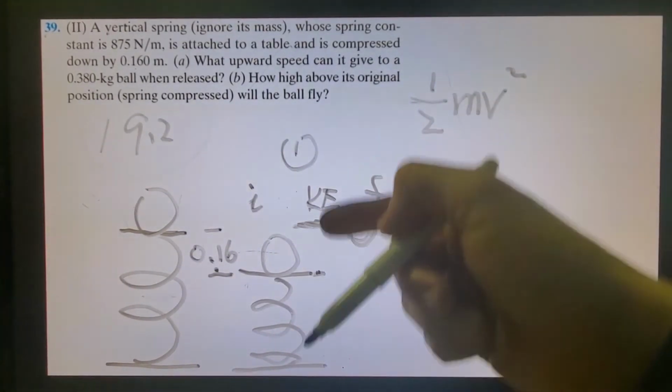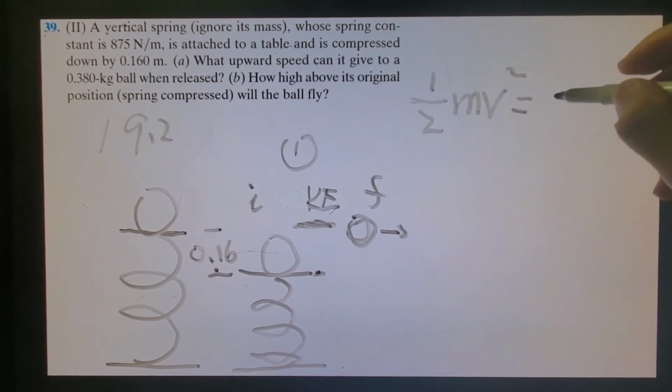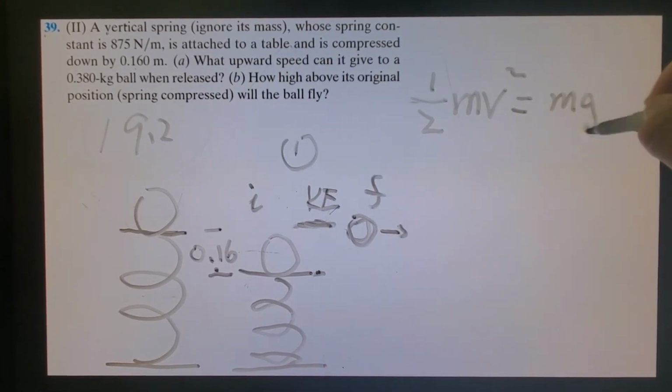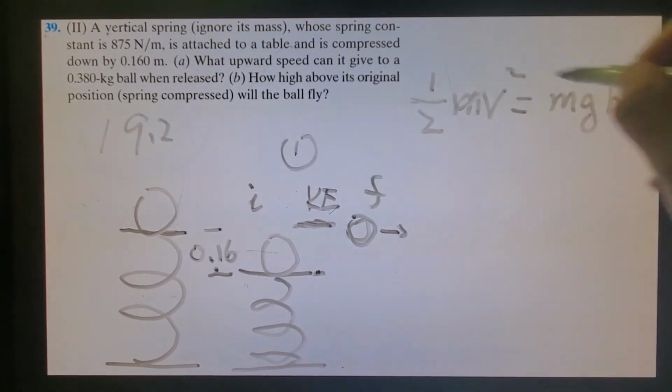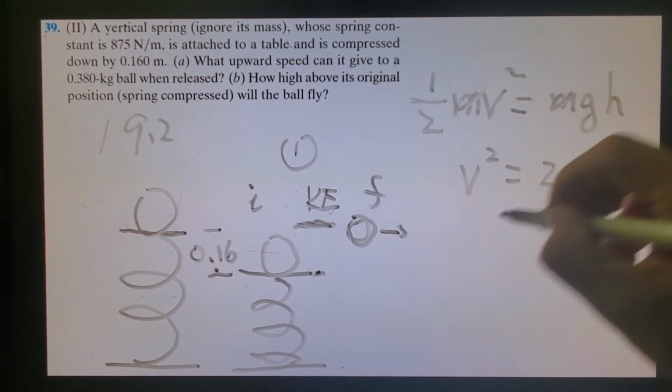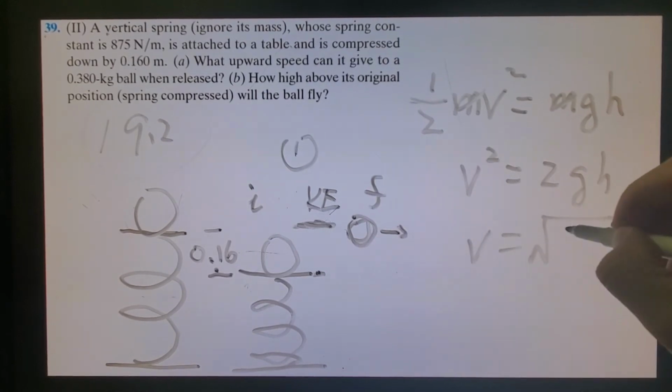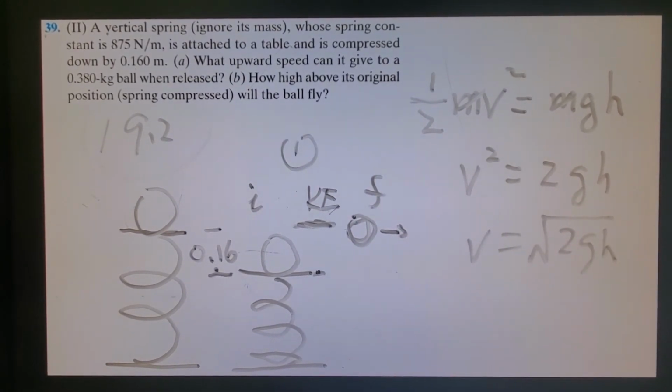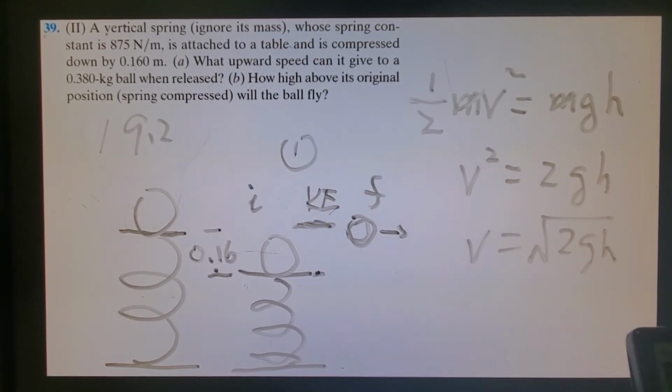At the end, it will stop and convert everything to potential energy due to gravity. We cancel the m, so v squared is equal to 2gh.